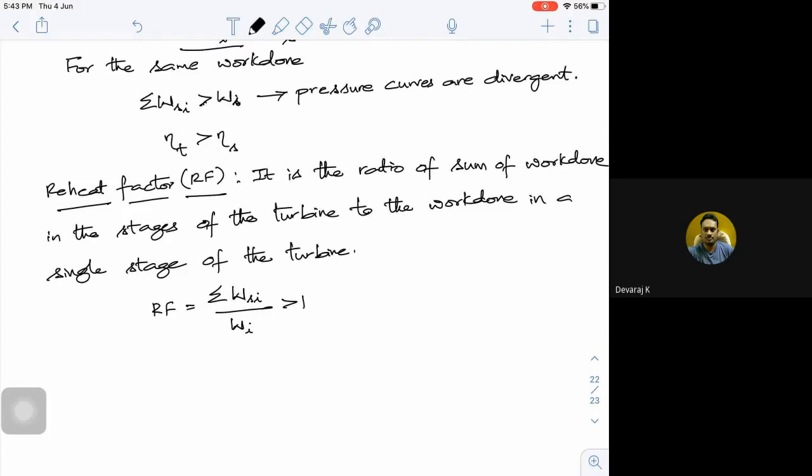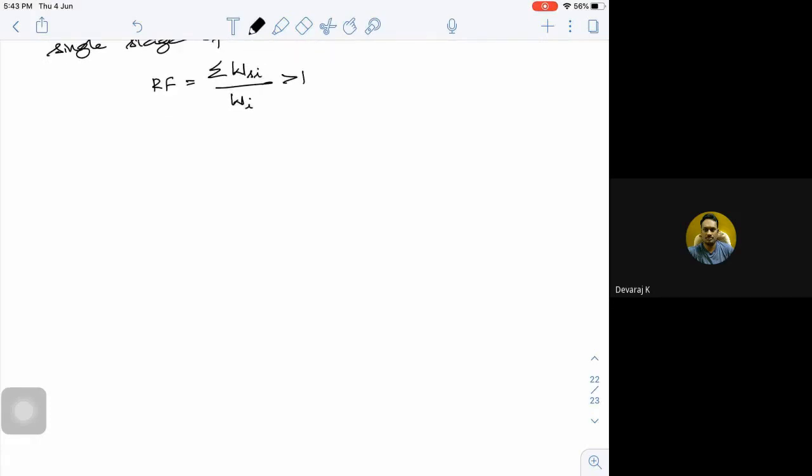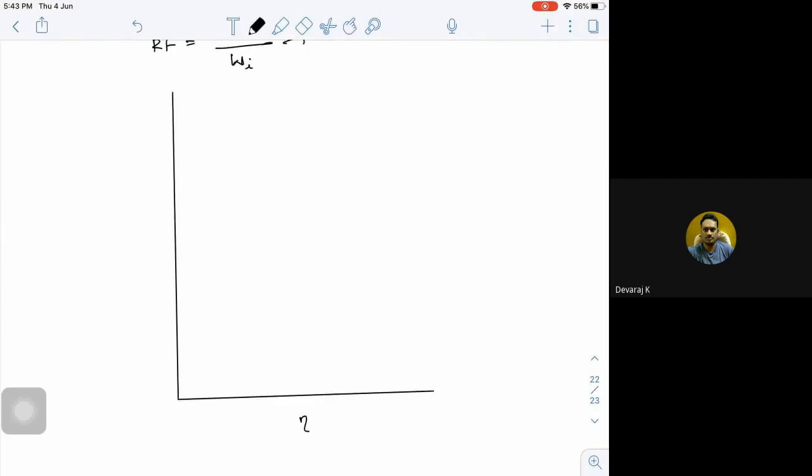Okay, if I try to plot something like this, I have on my y-axis the reheat factor and the stage efficiency on my x-axis. So this is my stage efficiency and I have my reheat factor. So reheat factor 1 may be a starting point.